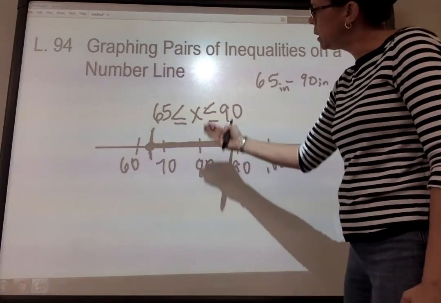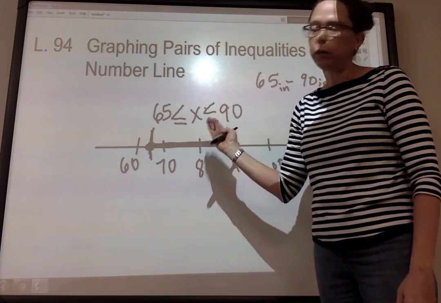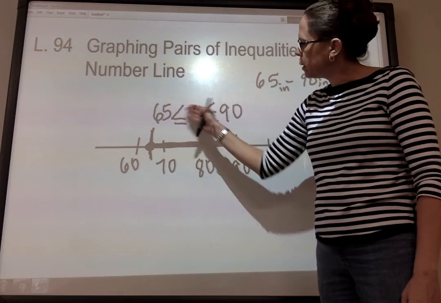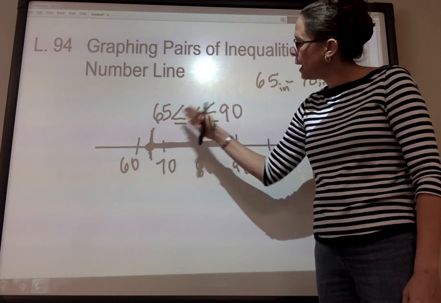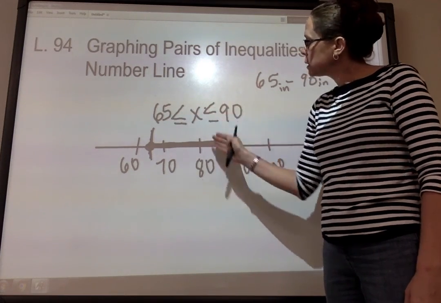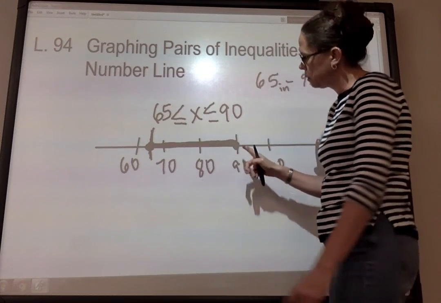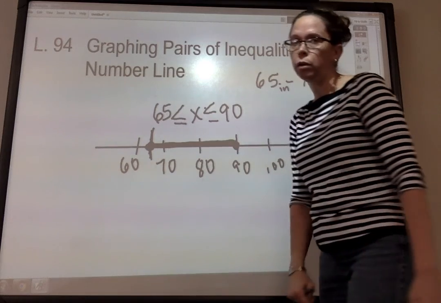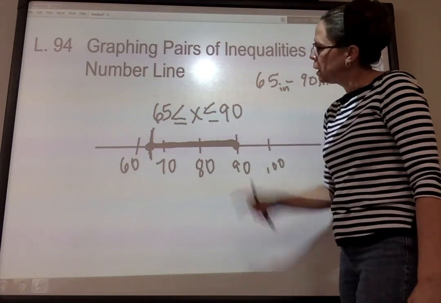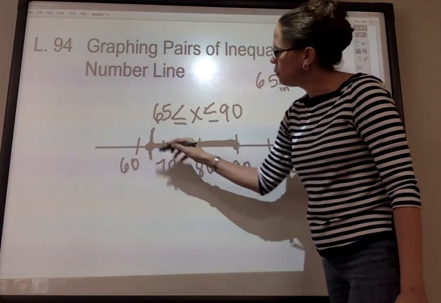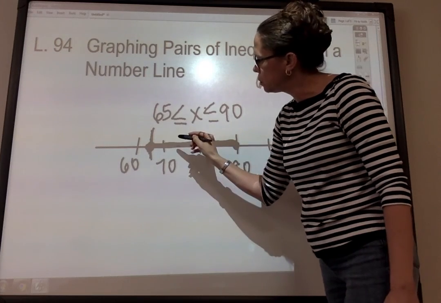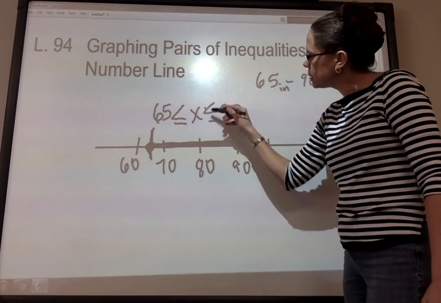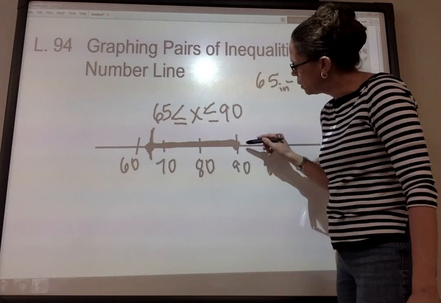The way we read this is we start in the middle with our variable: x is greater than or equal to 65 and x is less than or equal to 90. We have to represent all the numbers that fulfill those requirements. x is greater than or equal to 65 means I start here and go this way. And x is less than or equal to 90 means start here and go this way.